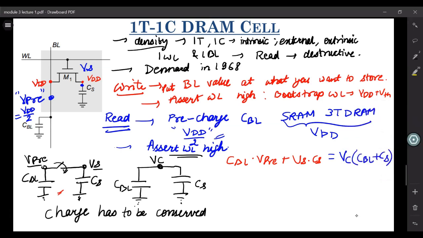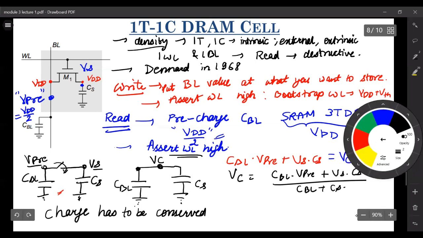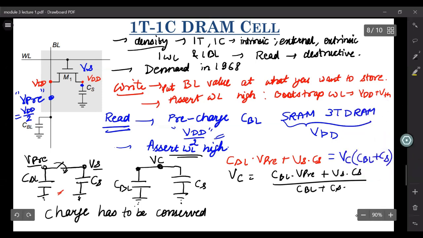Now, if you solve it, you'll find that Vc is nothing but CBL times V3 plus Vs times Cs, divided by CBL plus Cs, right? So the voltage at this CBL, by how much it changed, that is what we are more interested in, right? Because we are sensing this bit line.